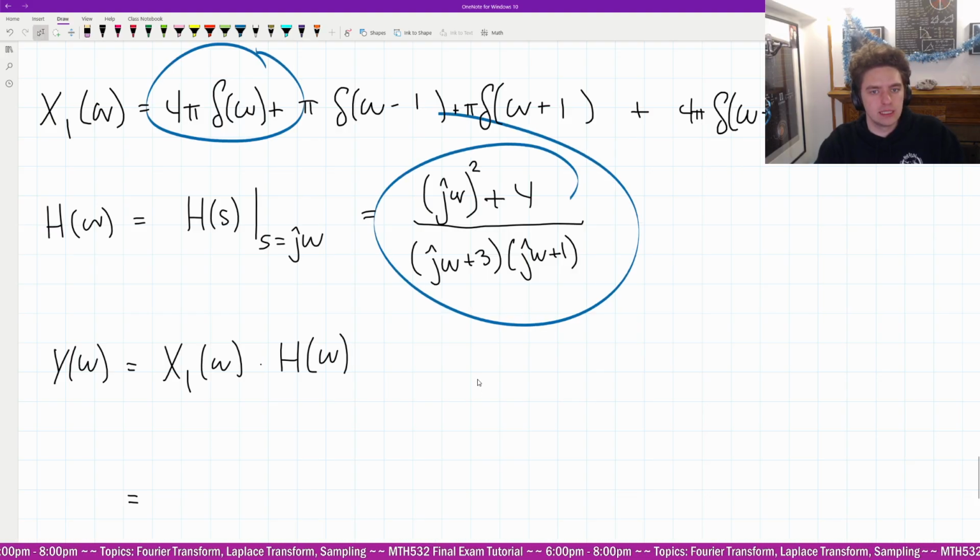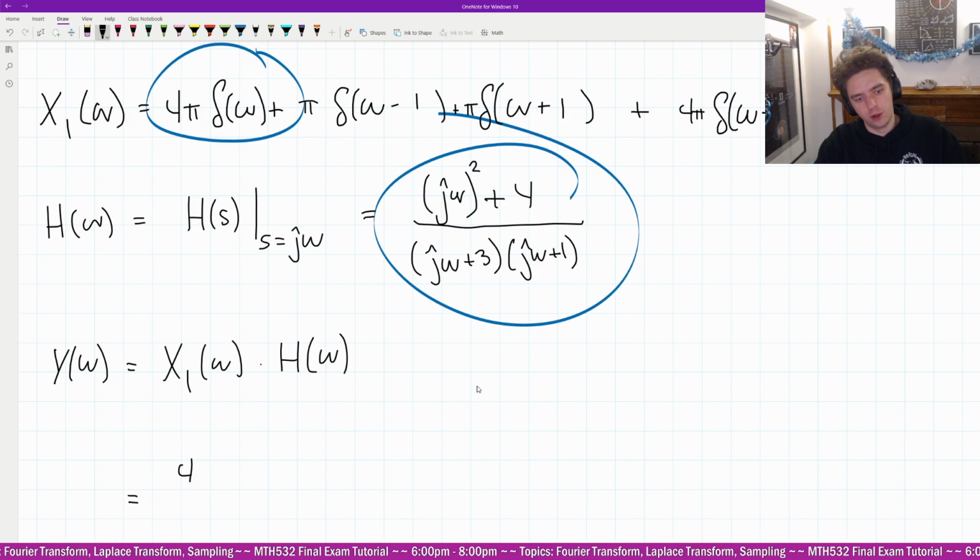So let's start with this. All that times 4 pi delta omega. Delta omega is like delta omega minus 0, so we can just use the sampling property and plug omega equals 0 into here. Omega equals 0, this is just 4 over 3, times 1, which is 4 over 3.